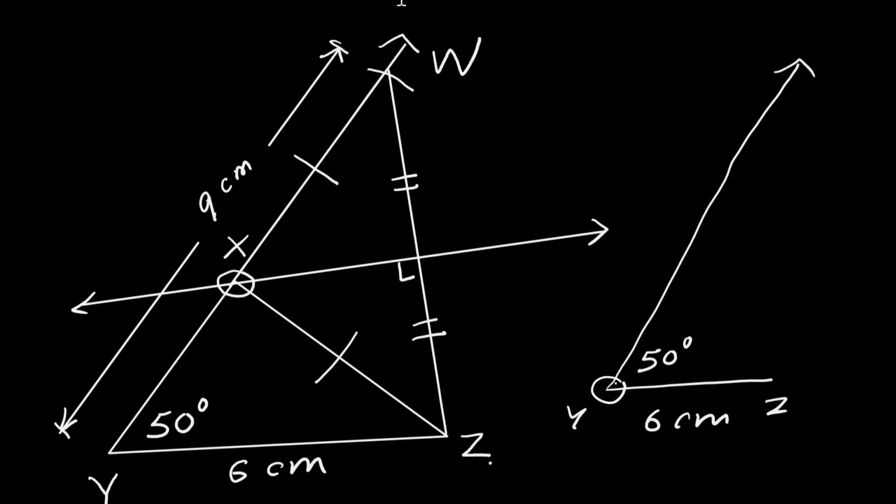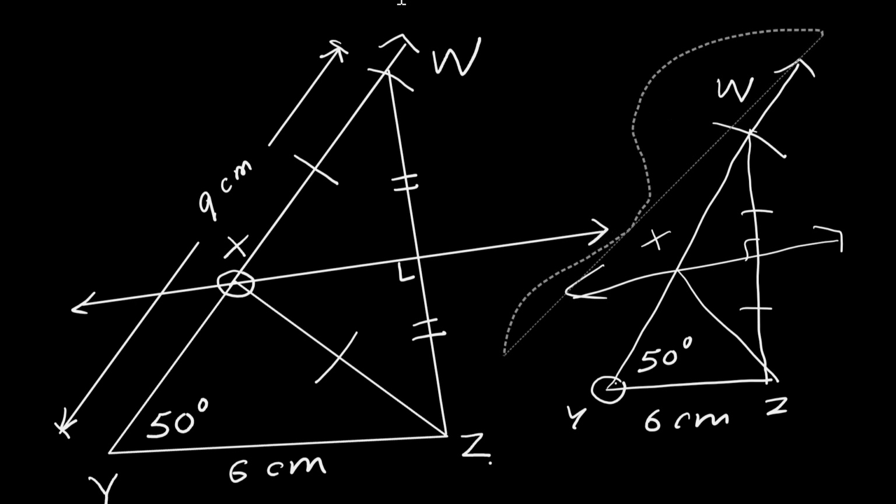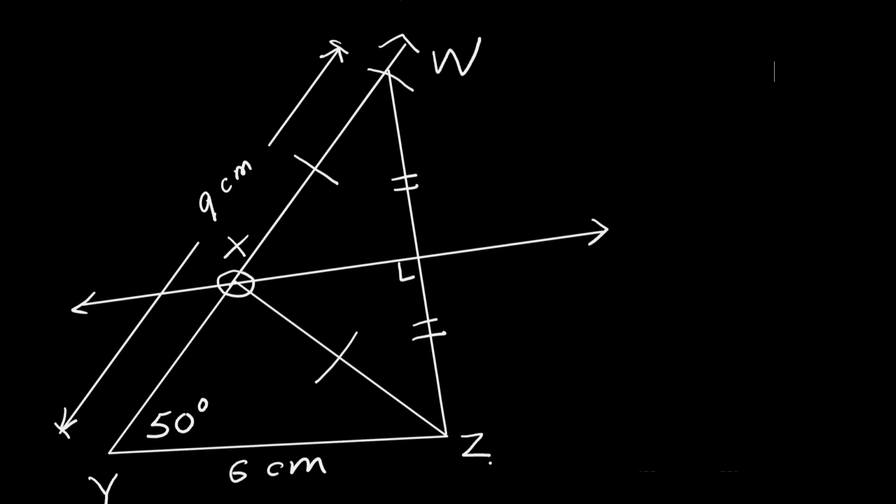Consider Y as center and with radius equal to 9 centimeter, draw an arc intersecting the 50 degree ray at W. Next, join W and Z. And last, construct the perpendicular bisector of segment WZ intersecting YW at X. Then the final answer: XYZ is the required triangle. Measure lengths XY and XZ.